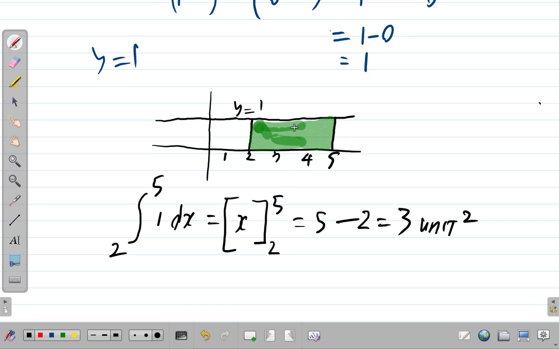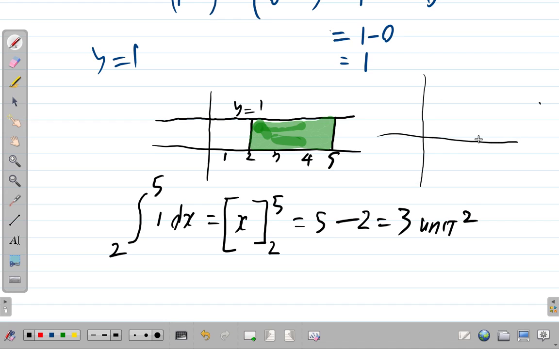Now, you could very well use simpler calculation to find the area because it's just a rectangle. But later on, we will see more examples, including a graph that might look like this.